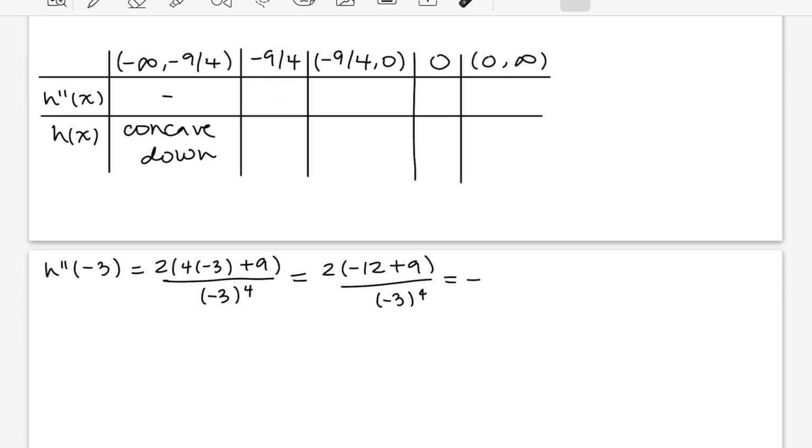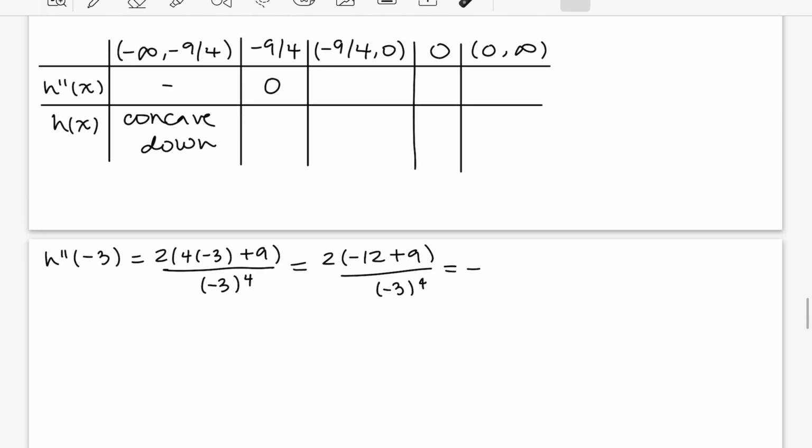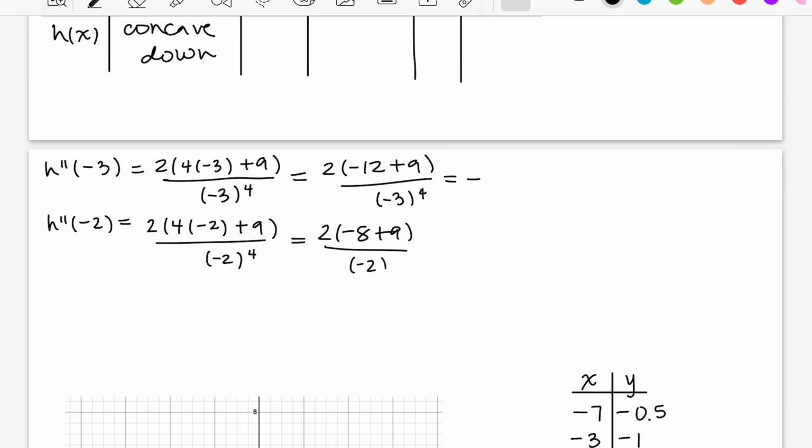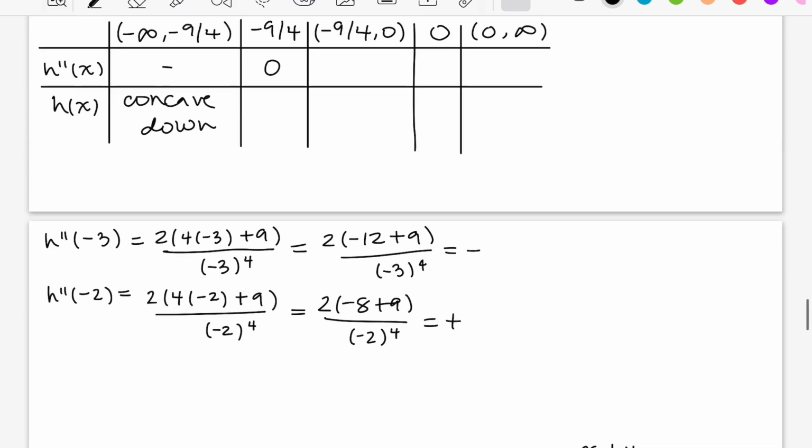We know at this point our second derivative is going to be equal to 0, so we'll put that there. Then we want to look at the sign of our second derivative over this interval. So we'll evaluate our second derivative at -2 here. So this will be positive.